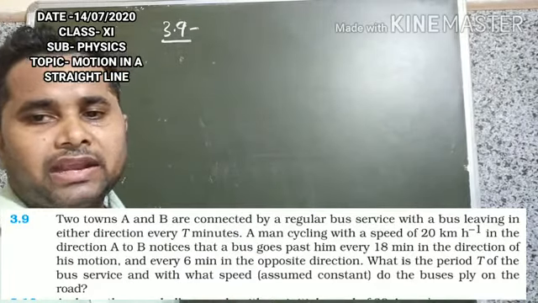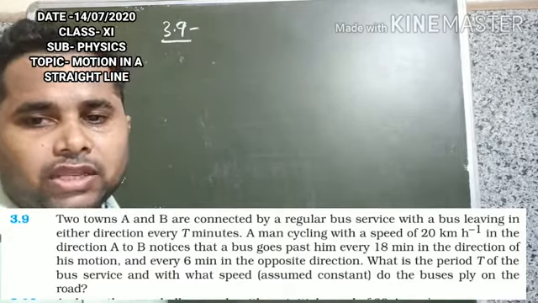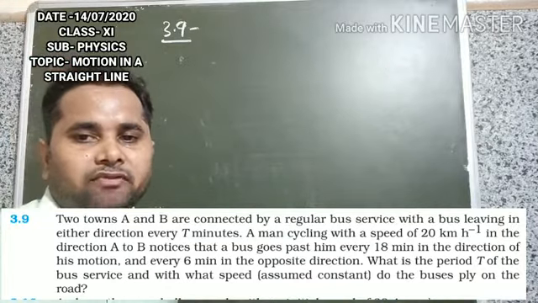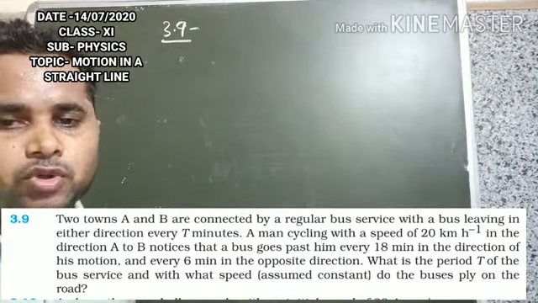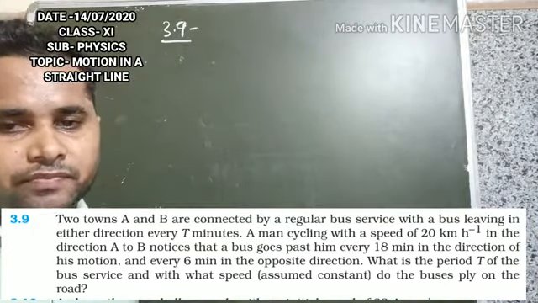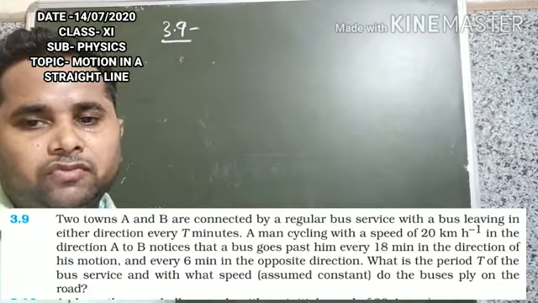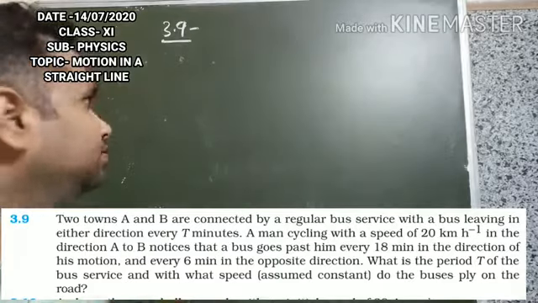A man cycling with a speed of 20 km per hour in the direction A to B notices that a bus goes past him every 18 minutes in the direction of his motion and every 6 minutes in the opposite direction. What is the period t of the bus service and with what speed do the buses ply on the road? See the question here.